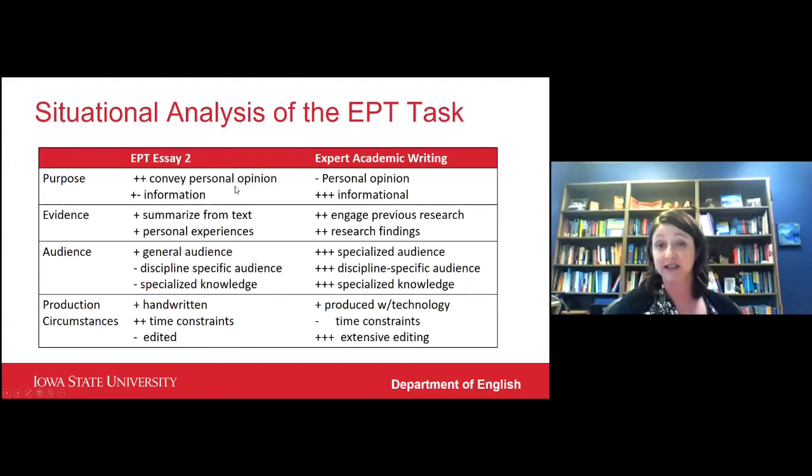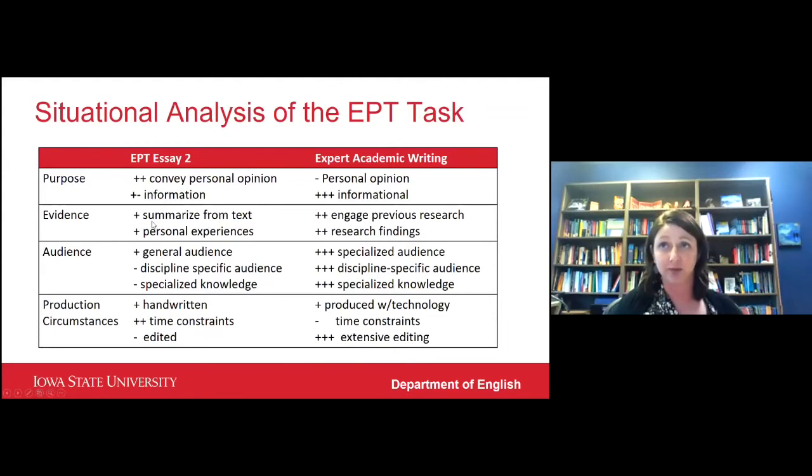Whereas in expert academic writing, which is primarily what this framework is based on, there's really no conveying of personal opinion, or very little. In contrast, it's primarily informational. Whereas in the EPT essay in our learner corpus, you do have to convey some information by summarizing the text, but really it's more about your own experiences and so on. And we see that here in the evidence.